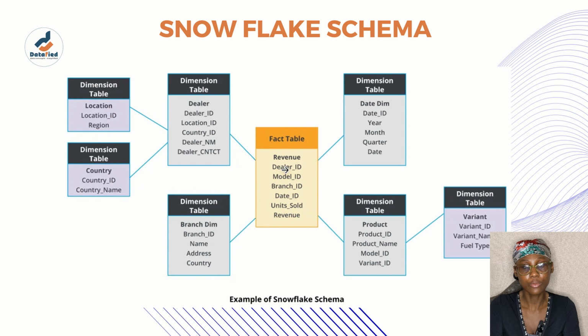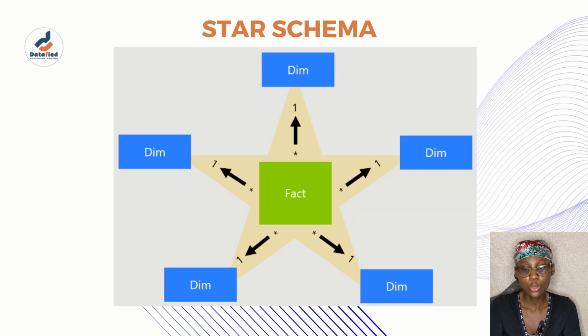Both schemas are usable, but the best practice and preferable schema you can use in a business intelligence project or data analytics is the star schema. That is because of the way it directly connects to the dimension tables from the fact table. And so when you're querying your data set, it is more optimized than when you break your dimensions down into smaller pieces and there's no direct relationship.